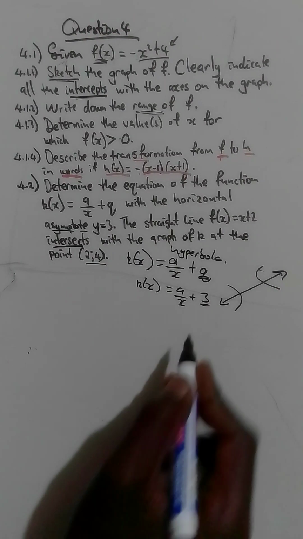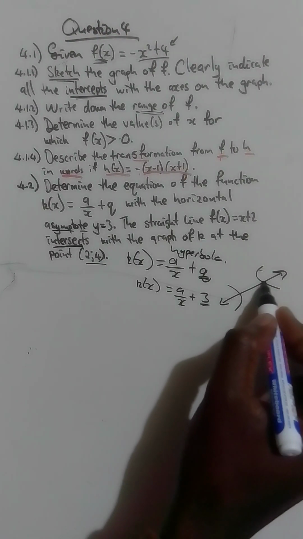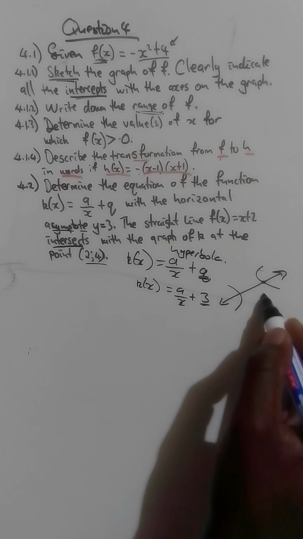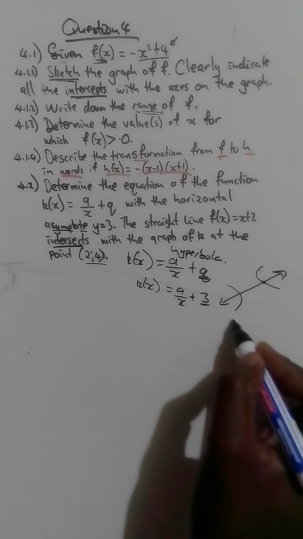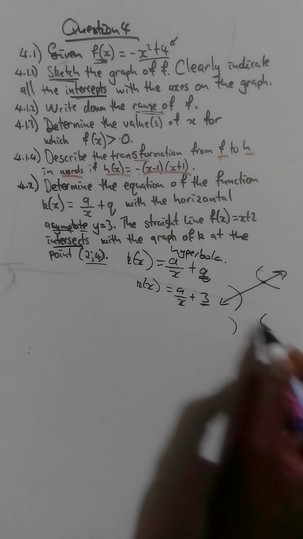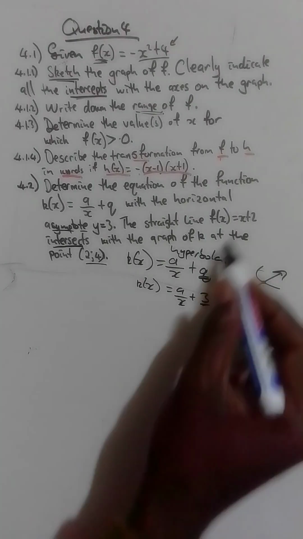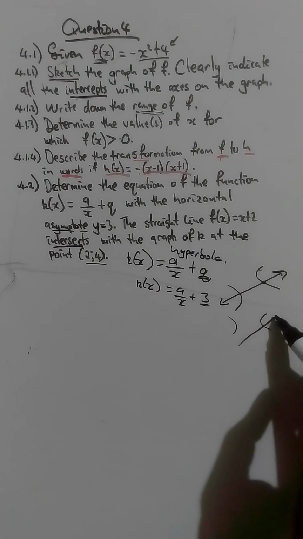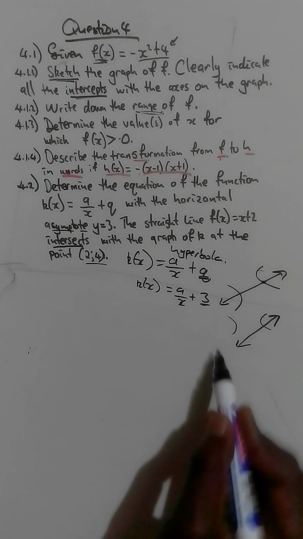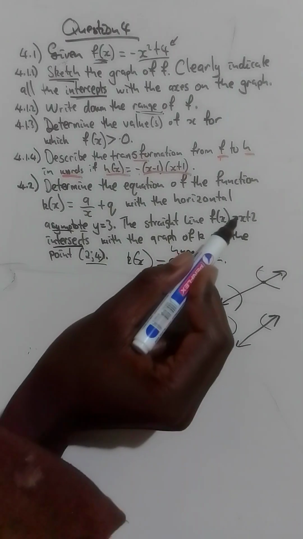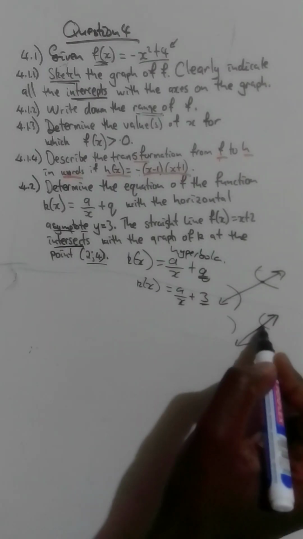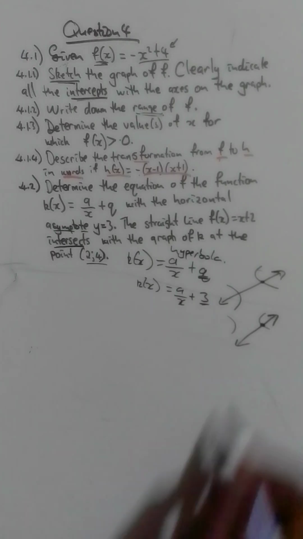So where they meet, the x is 2 and the y is 4. Maybe this graph is like this. How do I know that it's increasing? Because my gradient is 1. So it doesn't cross the hyperbola, it only touches at this point.